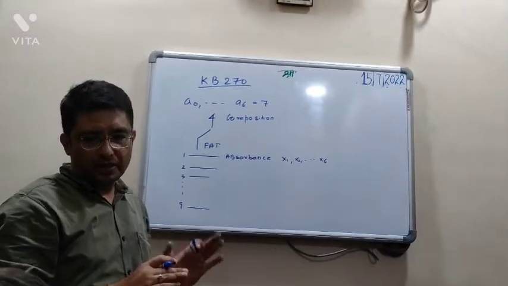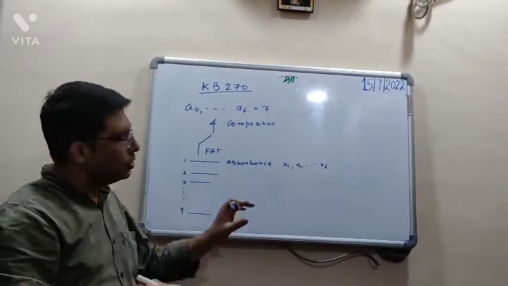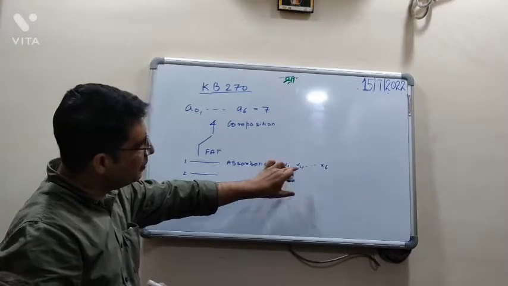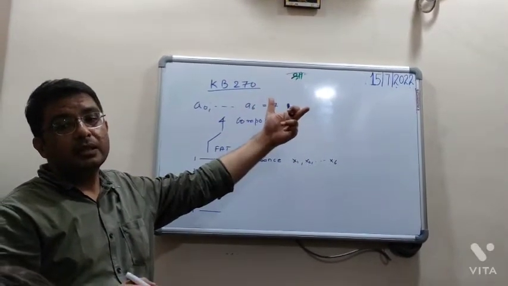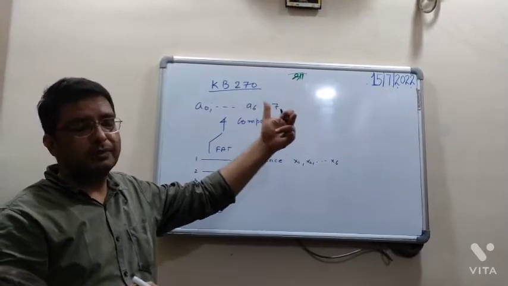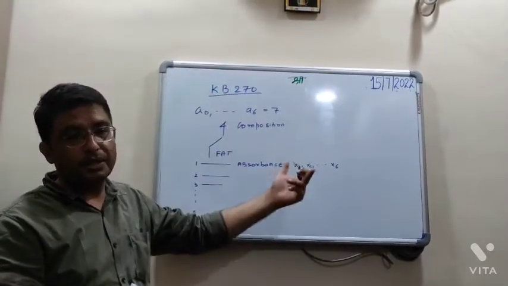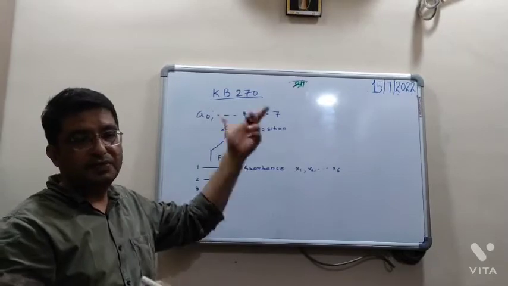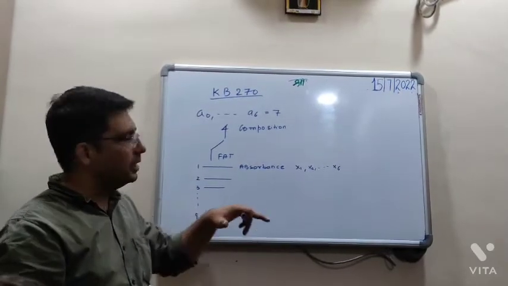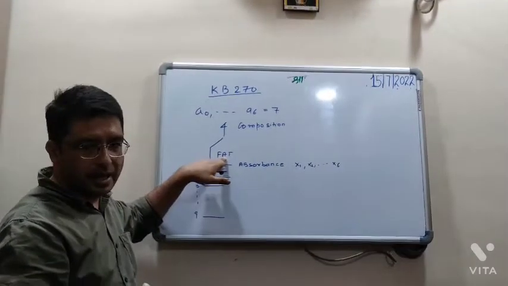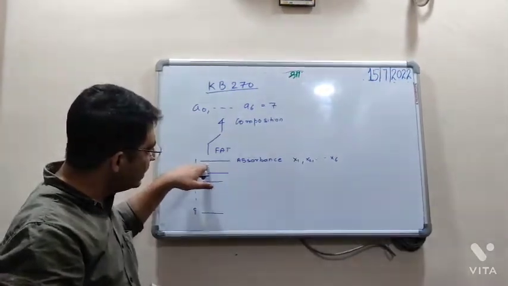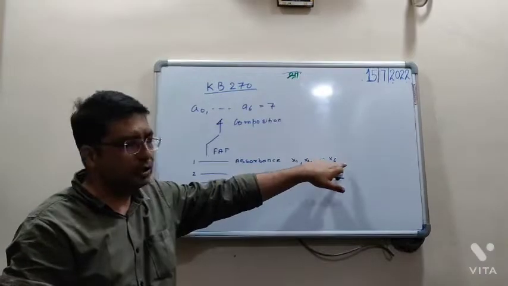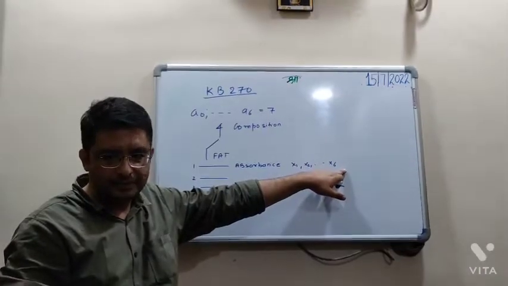So you can see the values of x1, x2 up to x6 for each sample, not composition. Sample is within a composition, and within this composition there are 9 samples. For each sample you have 6 absorbance bands.